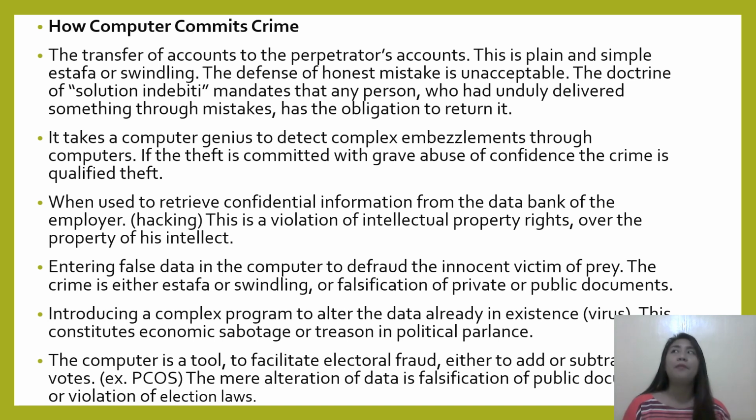Kapag po nagkaroon ng addition at saka subtraction sa vote through the PCOS machine, considered na po na pagfa-falsify ng public documents, and that is also considered a violation of the election laws. That is through computer na naman po yan.